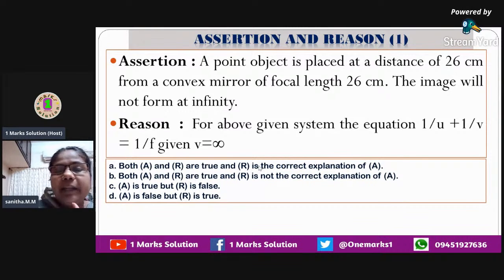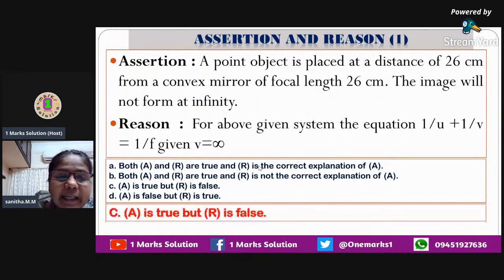If the light is coming in this direction and the length is also in this direction, it is positive. That means the length, whether it is u or v or focal length, anything, you will take as positive if it is in the direction of the incident ray. If it is opposite, you will take it as negative. So use your sign convention, and if you substitute in this equation, you will get the answer, not infinite.